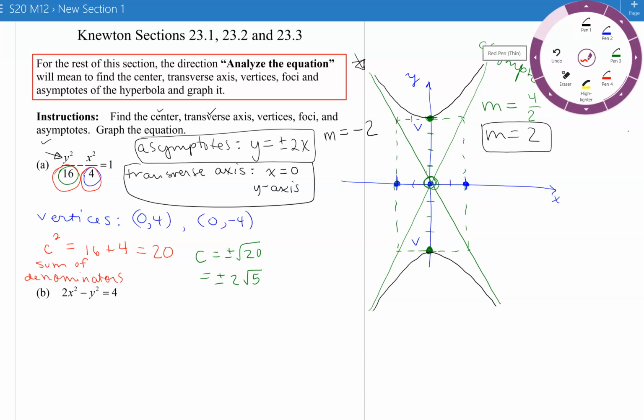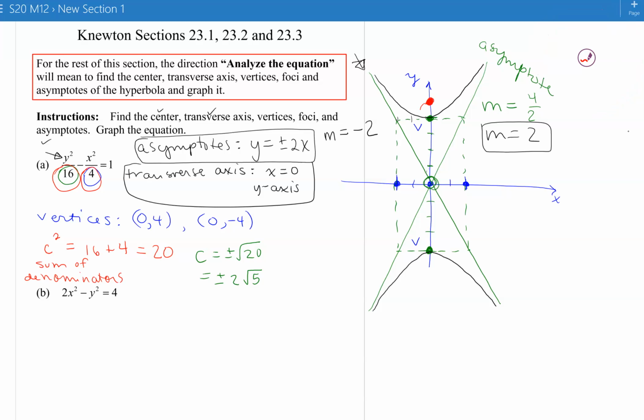So we know about where our foci are, because little c is the distance from the center to the focus. So just like with the ellipse, c is the distance from center to focus. Distance, center, focus, all those c's.